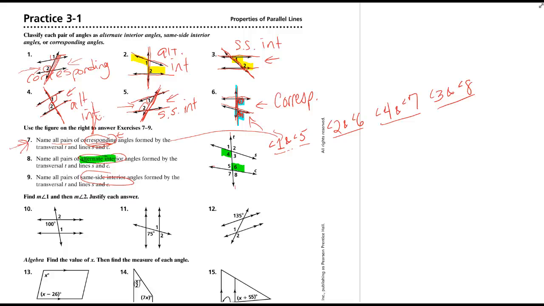The other set would be 3 and 5. So your answer for number 8 should look like this. Angle 4 and angle 6, angle 3 and angle 5, and that's it.